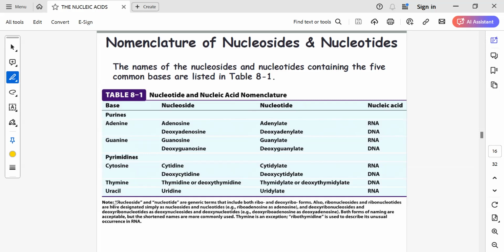if you look at the note here, nucleosides and nucleotides are generic terms that include both ribose and deoxyribose forms. Also, ribonucleosides and ribonucleotides are here designated simply as nucleosides and nucleotides, e.g. riboadenosine.